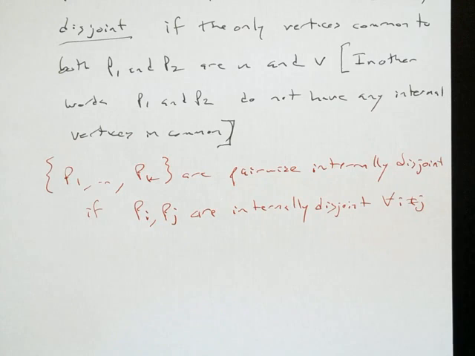And then we'll just call it an internally disjoint set of paths. I won't use the word pairwise all the time, but that's what we mean. We mean nothing shares an internal vertex.